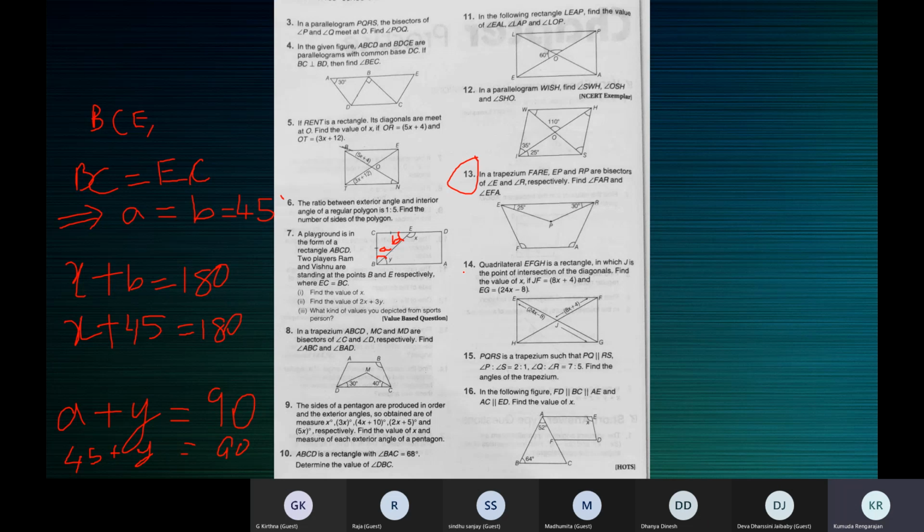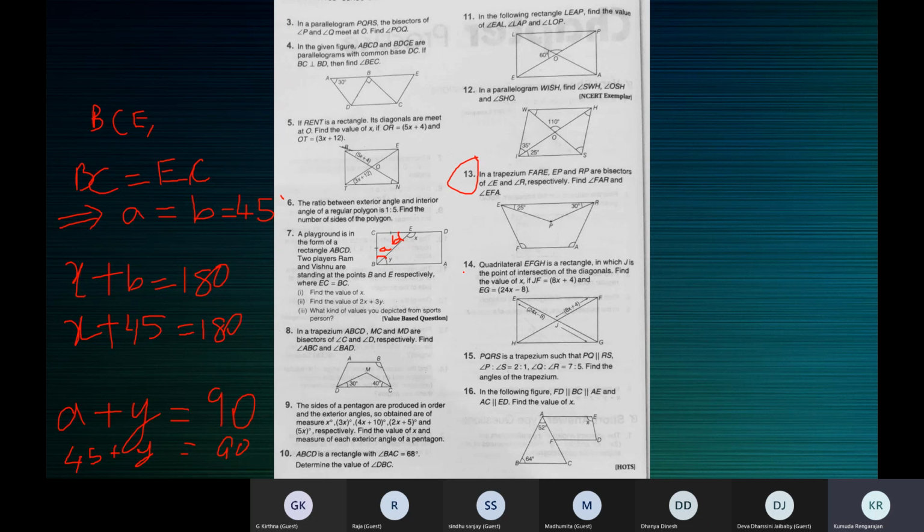Both of them are equidistant from C. We don't know the kind of game they are playing, but you can just say that it depicts honesty, because we don't know what game this is and where the goal is.